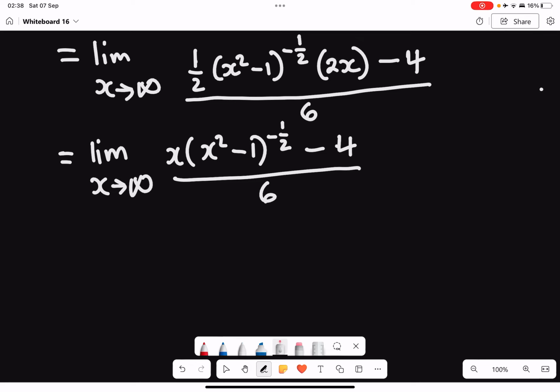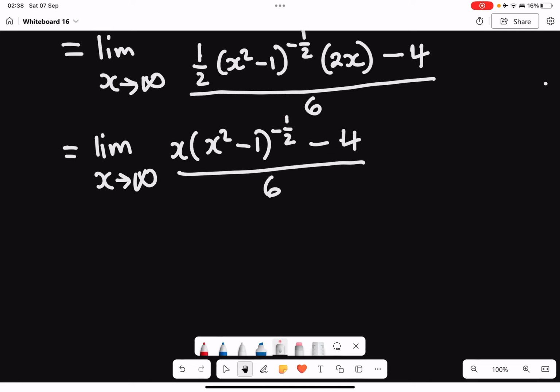Now I'm going to take this to the bottom to make the exponent positive. But remember, this is just a square root, so if I take it to the bottom, it will just be a square root.